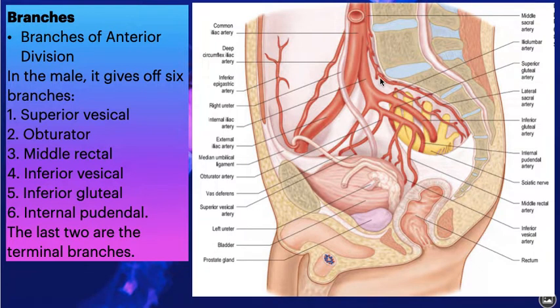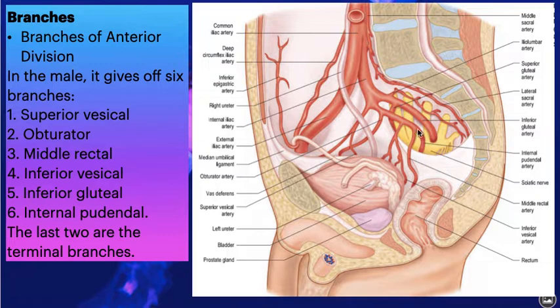Important branches of the anterior division of the internal iliac artery: in the male, it gives off 6 branches. The obturator artery, the superior vesical, the middle rectal, you can see the middle rectal here, the inferior vesical arteries running with the inferior part of the bladder, as the name suggests, the inferior gluteal artery, and then the internal pudendal artery.